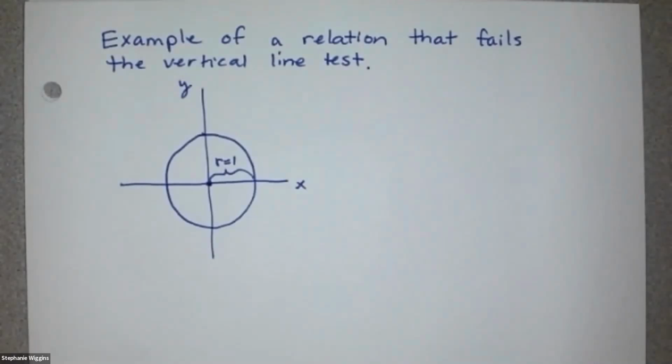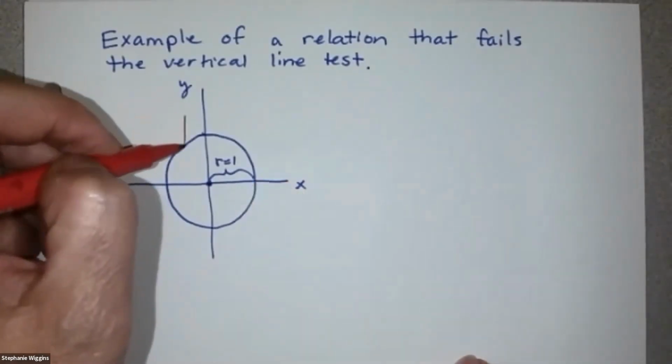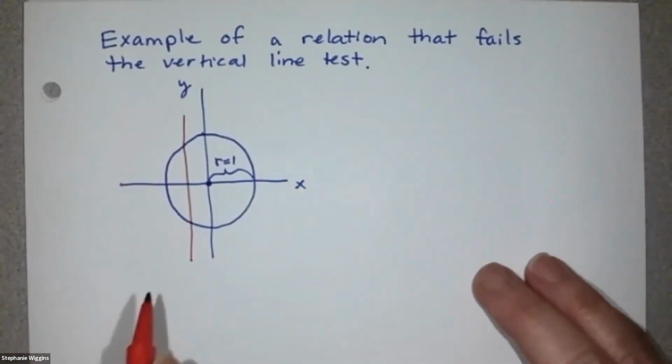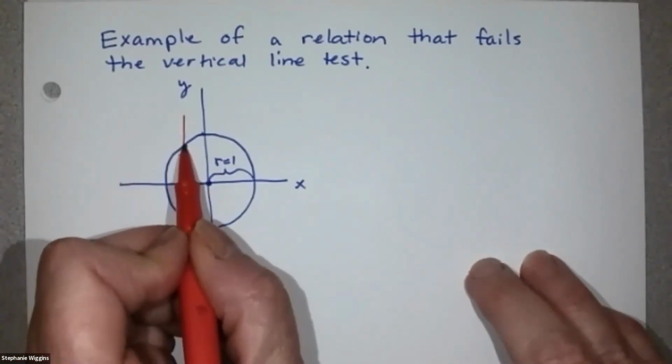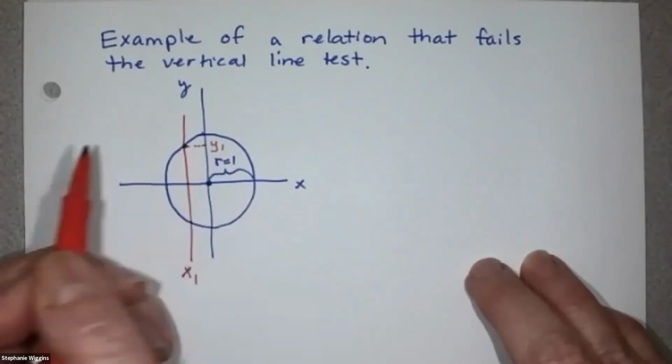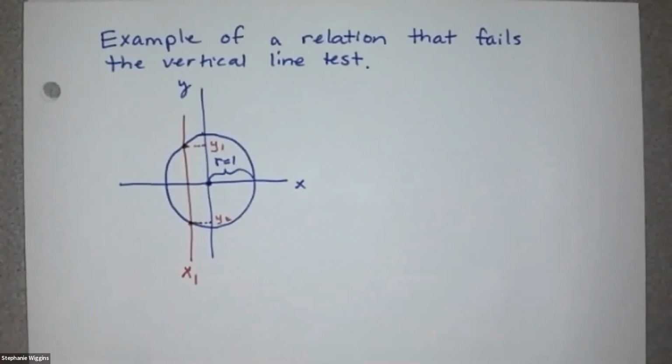Right away you can see that any vertical line I draw, except for one on each end, is going to pass through twice. And that's because if I pick an x1, I don't just have a y value from this point, I have another one down here. So I have two y values for one x value. That's not a function. You can only have one y value for every x.